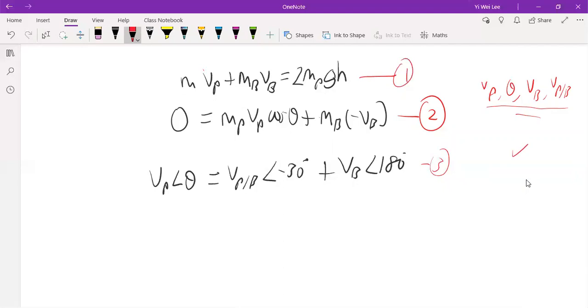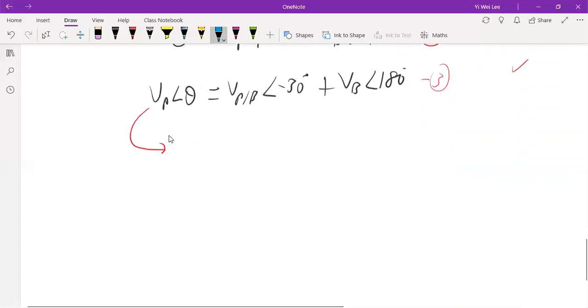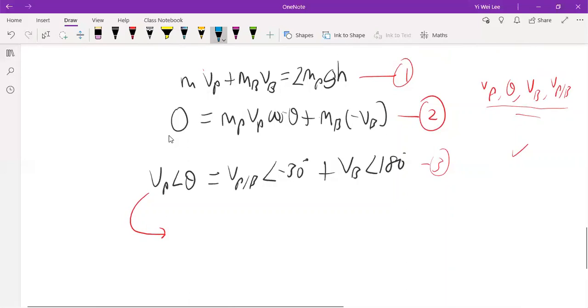So the question is, how would you want to proceed to solve this equation? Now that requires quite a bit of understanding. Excuse me. So to solve this equation, first of all, I will split this term into two components, the j component and the i component. So I have Vp cos theta is equal to Vp/B cos negative 30 degrees minus Vb.